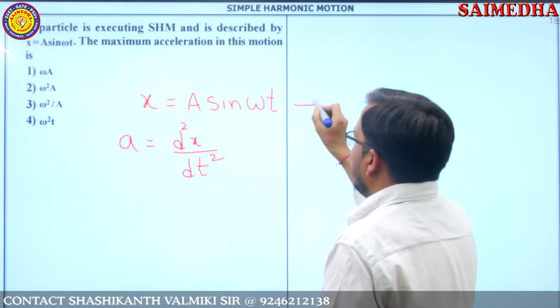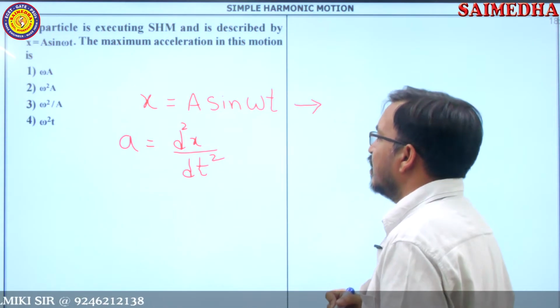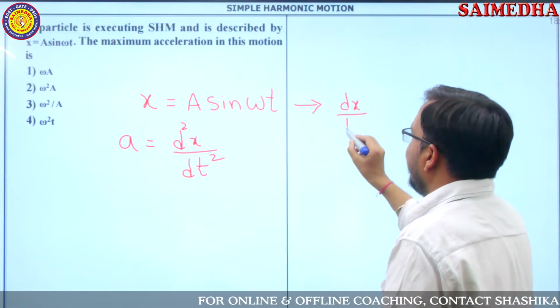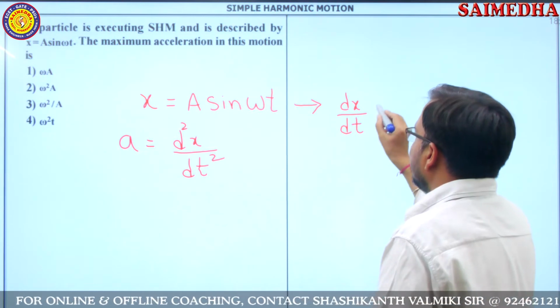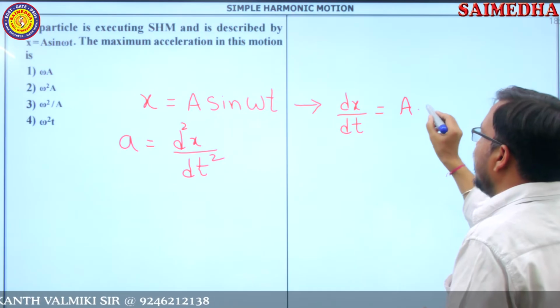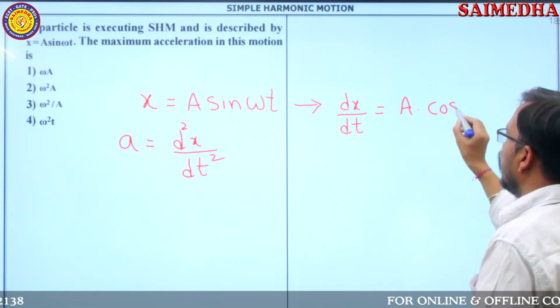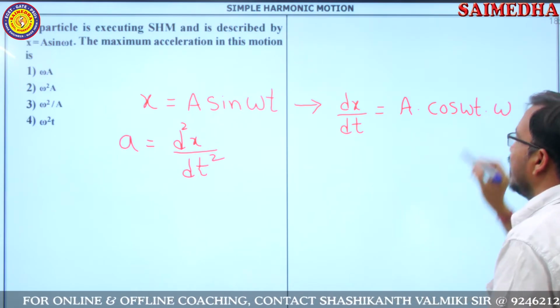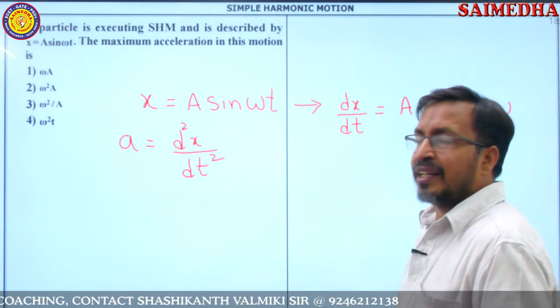We know that differentiation of sine is cos. So dx by dt equals a, that is constant, times differentiation of sine, cos omega t, into omega. This is the equation for dx by dt.